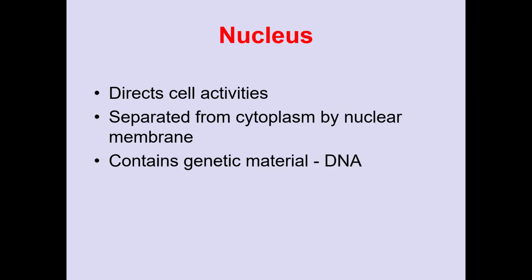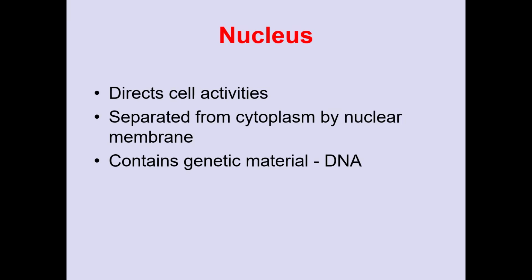Genetic materials are found inside the nucleus, and these genetic materials include DNA, deoxyribonucleic acid, and RNA, ribonucleic acid. These are important in transmitting genetic information from parents to offspring.